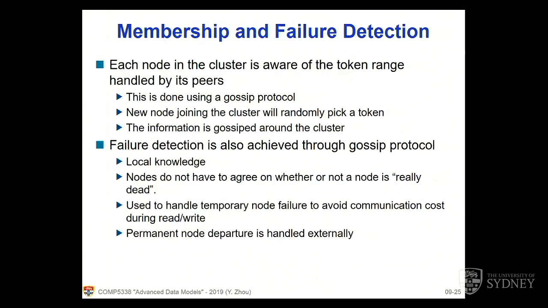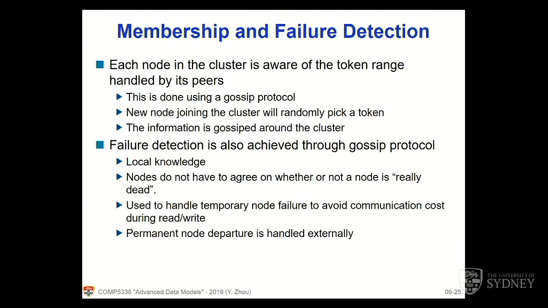Okay, I already mentioned that the membership and the failure detection are all spread out. The knowledge of the cluster is spread to all the nodes using something called the gossip protocol. So when a node is joining the cluster, and it picks one or a few tokens, it needs to know some node in the cluster.